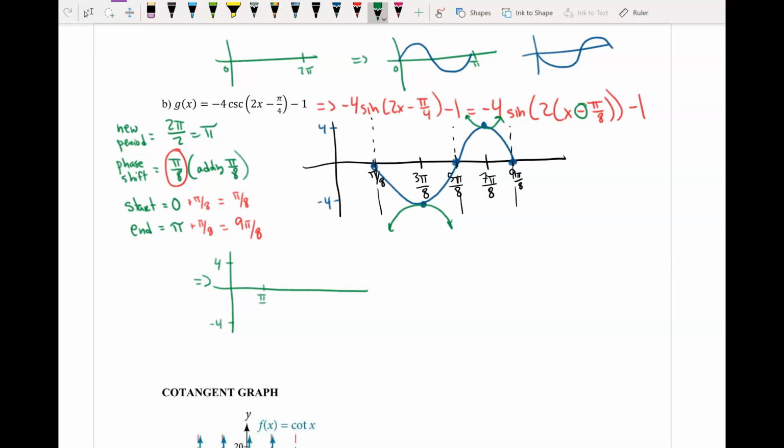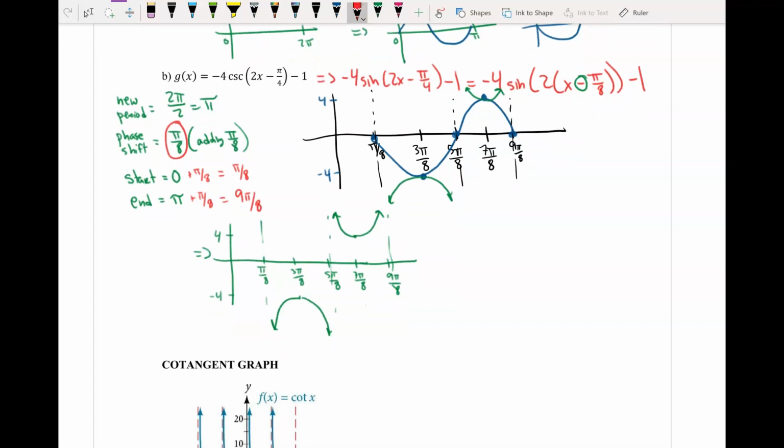Pi over 8, 3 pi over 8, 5 pi over 8, 7 pi over 8, and then 9 pi over 8. Asymptotes, and then my graph, downward, and then upward.